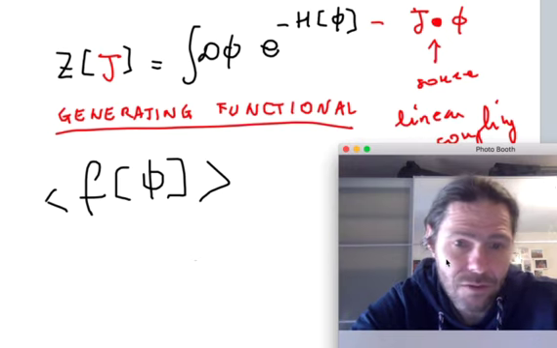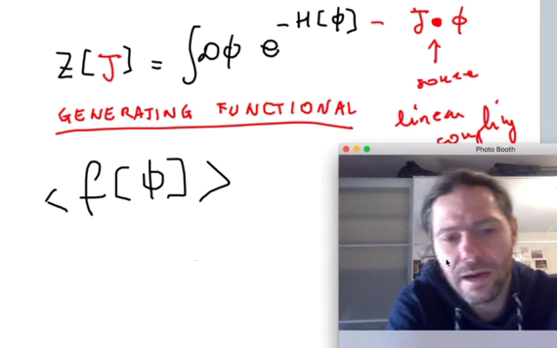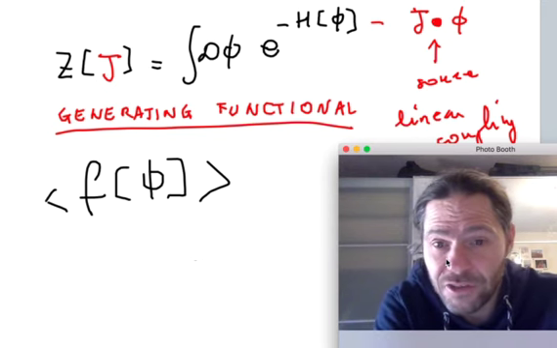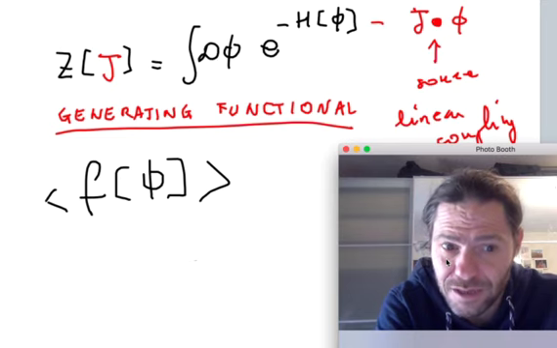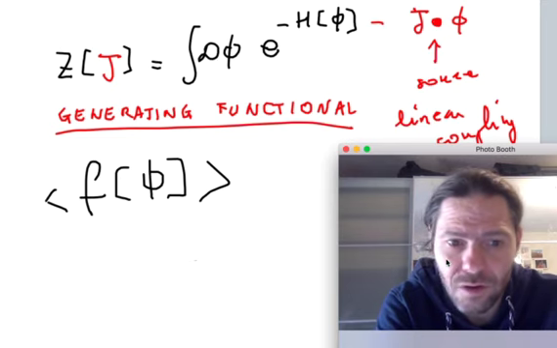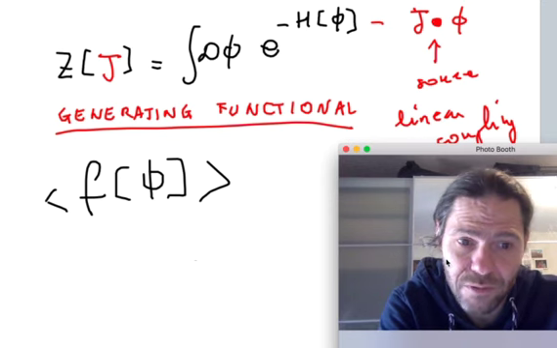Now, remember, we are working in a regime where fields are typically small valued. Why? Because of the central limit theorem, and because we think the average value of phi is, in normal conditions, zero, unless we have spontaneous symmetry breaking.